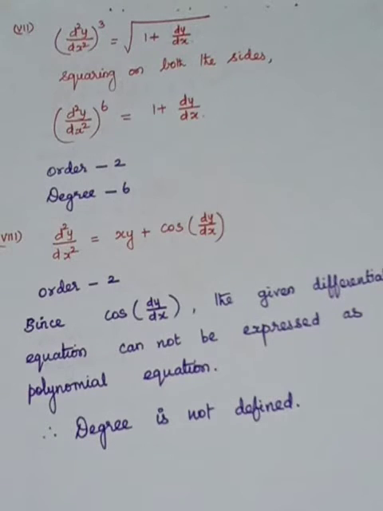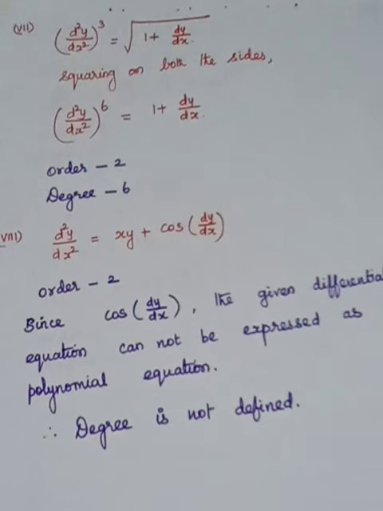So what is the polynomial form? It means none of the derivatives should be written in fractional powers, and the derivatives should not be the argument of trigonometric functions, exponential functions or logarithmic functions.